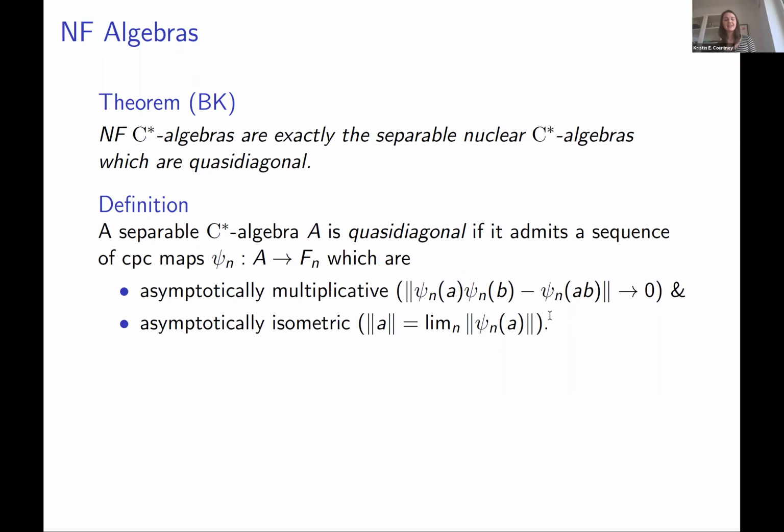So quasi-diagonality: thanks to Voiculescu, we can say that a separable C-star algebra is quasi-diagonal if it admits what I would call a separating family of almost representations, meaning that you have CPC maps into finite dimensional C-star algebras, which are asymptotically multiplicative, so they're close to being finite dimensional representations, and asymptotically isometric, which means that they are separating.